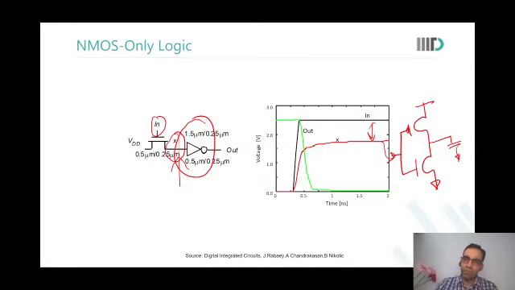PMOS is off, but there is still a significant amount of static current. NMOS is fully on, that you are able to see. So NMOS is fully on, PMOS is off, but not fully off. So there is a significant amount of static current coming from here, which would be sunk here.